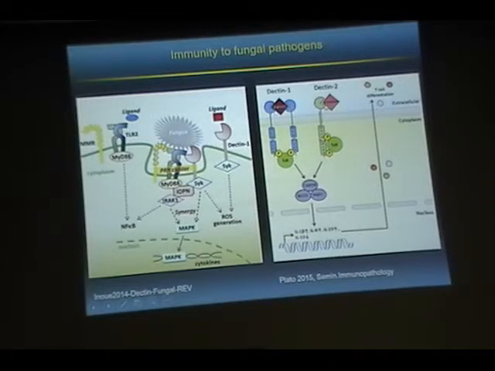So this is beta-glucan and alpha-mannan together, for example in Candida albicans, which can combine in a synergistic pathway, and that leads to the expression of IL-1 beta and IL-23, and these are the key cytokines that can induce Th17 response.